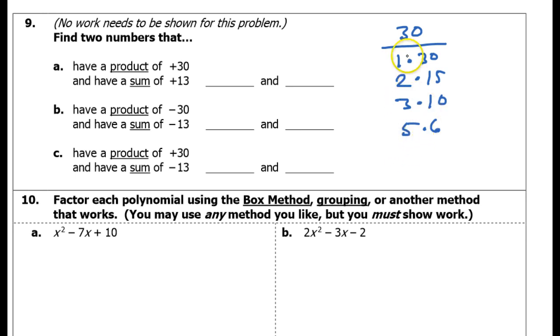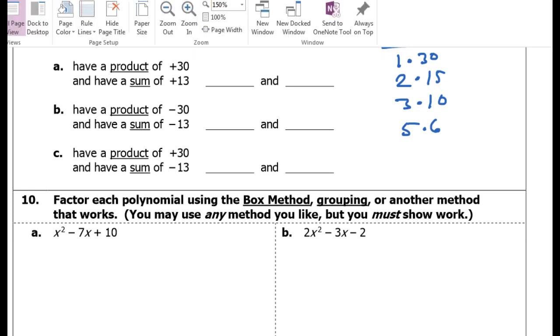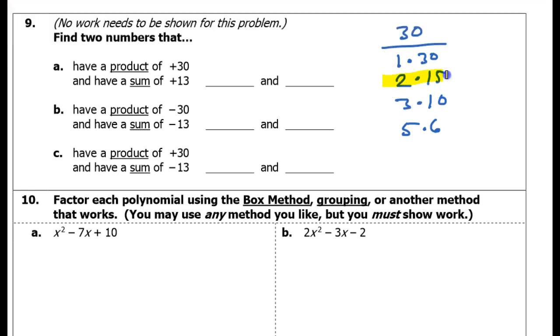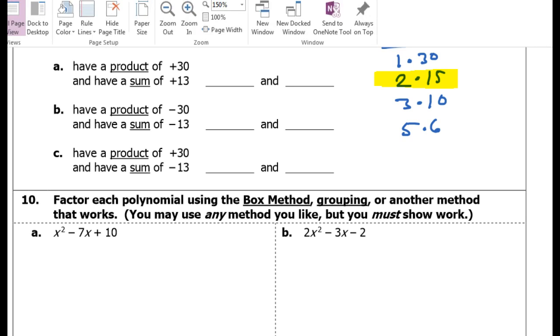Now, which one of these pairs can make a sum of 13 if I pick the signs right? Well, I have two choices. Okay, I could make 13 with 2 and 15 if I had a negative 2 and a positive 15.